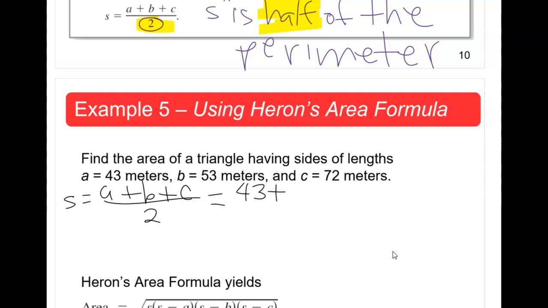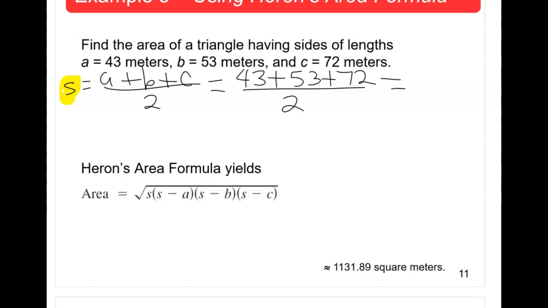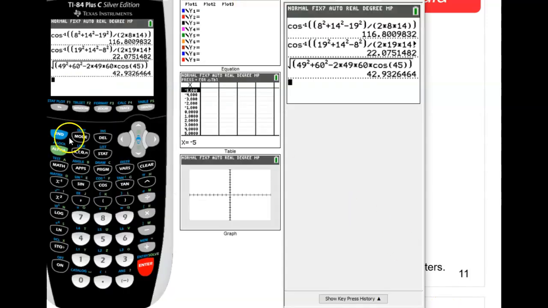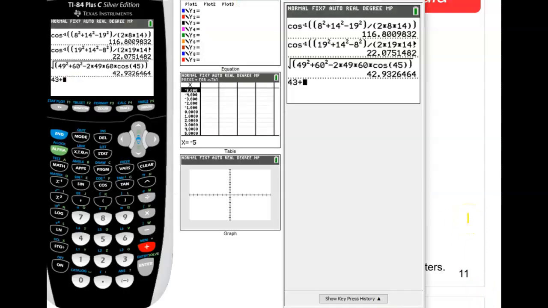Remember, I need to add all 3 sides to find the perimeter. And then I'm going to divide by 2 to find the value for S. So 43 plus 53 and 72.